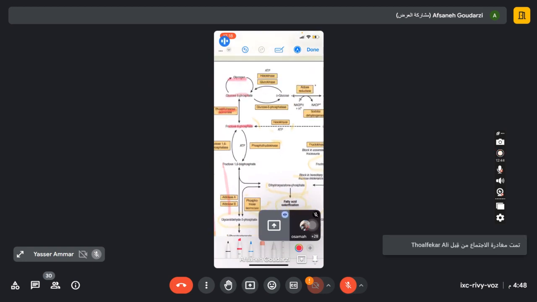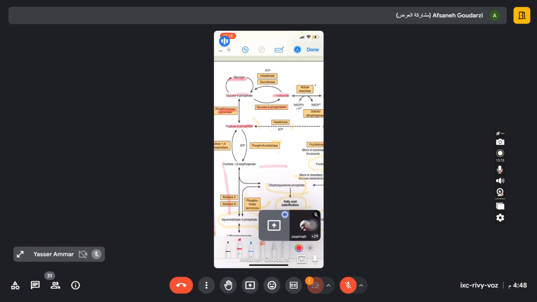Or glucose 6-phosphate is changed to glucose by glucose 6-phosphatase. Do you remember this enzyme? We had it in gluconeogenesis as well. So the first reaction of glycolysis, hexokinase, was irreversible, and it could be reversed by the enzyme glucose 6-phosphatase, in which we change glucose 6-phosphate to glucose.